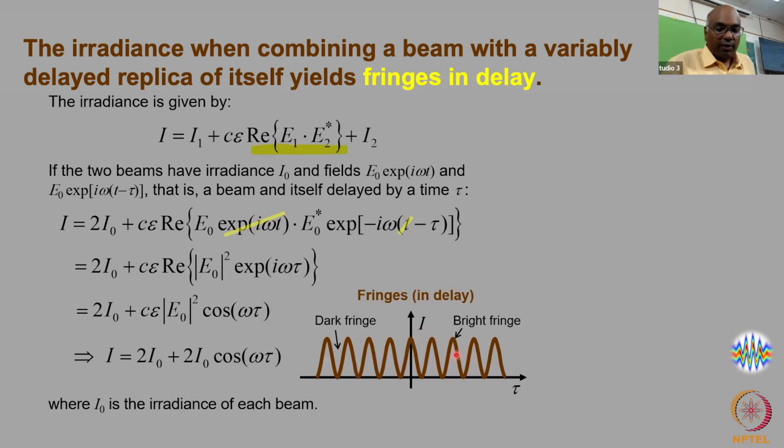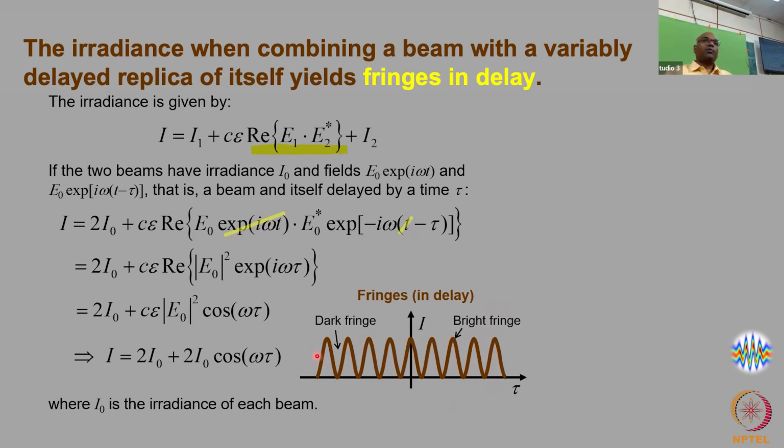So now, if I were to view this on a screen, the maximum would look like a bright stripe and the minimum would look like a dark stripe. Bright stripe, dark stripe, bright stripe, dark stripe. So these stripes are called fringes. So we have bright fringes and dark fringes.